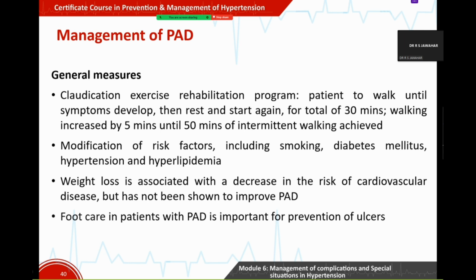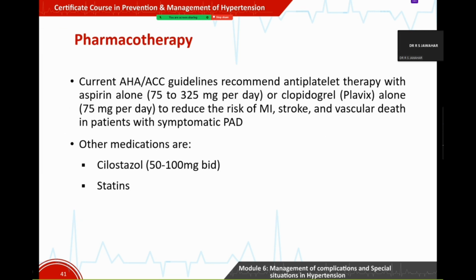Modification of risk factors like smoking, diabetes, hypertension, hyperlipidemia. Weight loss is associated with a decrease in the risk of cardiovascular disease, but has not been shown to improve peripheral arterial disease. Foot care in patients with peripheral artery disease is important for prevention of ulcers. So these are all very important things.